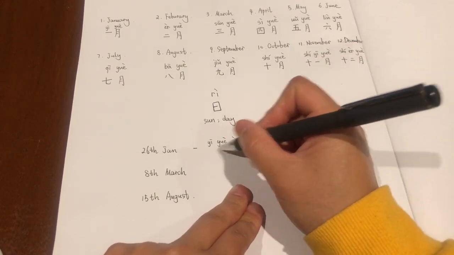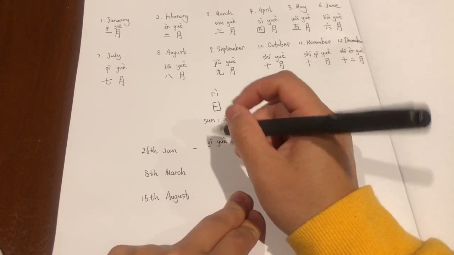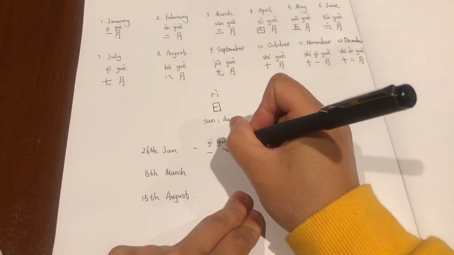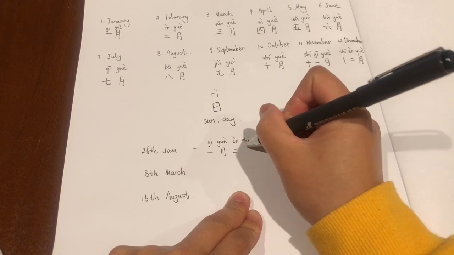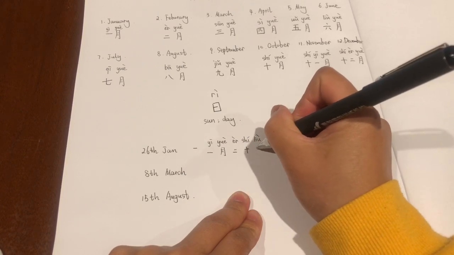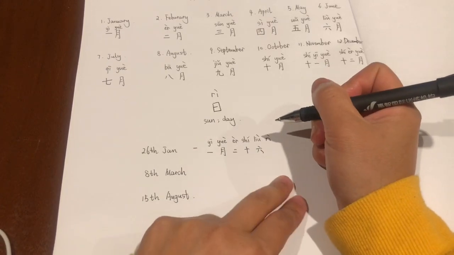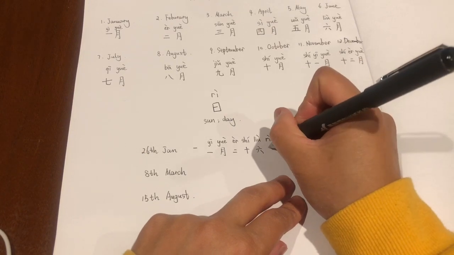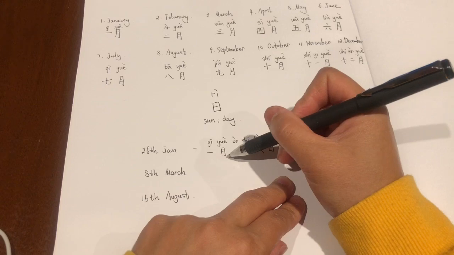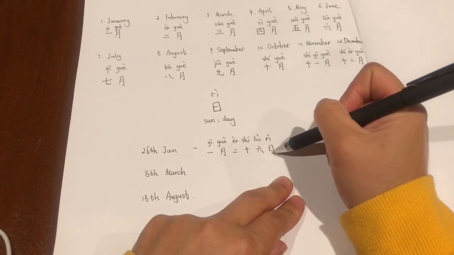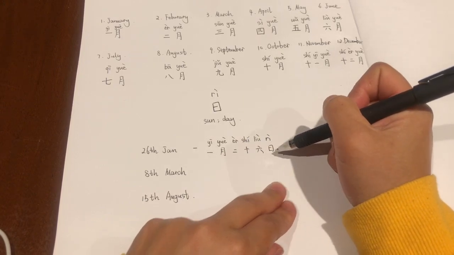Okay, and now let's do the character. So 1月, that's January, and then 26, that is 26, and then 日, which means day. Therefore, January the 26th. Okay?